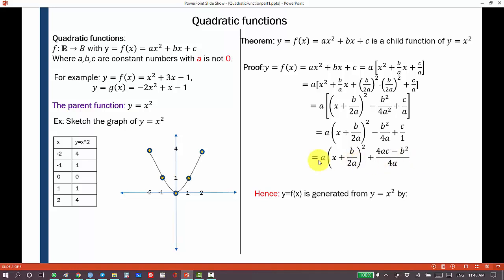If we look at this line, we see that this function y equals f of x is generated from the parent function y equals x squared by a horizontal shift by b over 2a units, a vertical shift by 4ac minus b squared over 4a units, and a shrink or expansion by a units. That is, the general quadratic function ax squared plus bx plus c is a child function of y equals x squared.